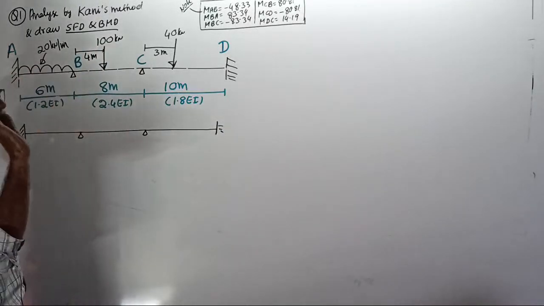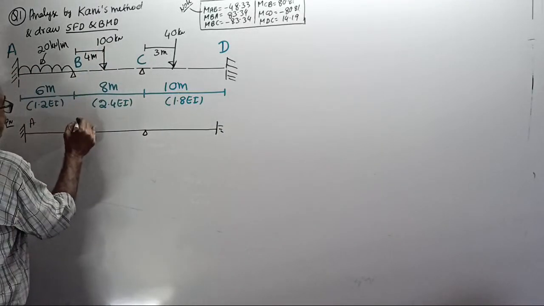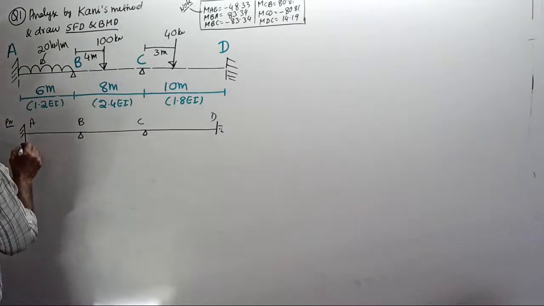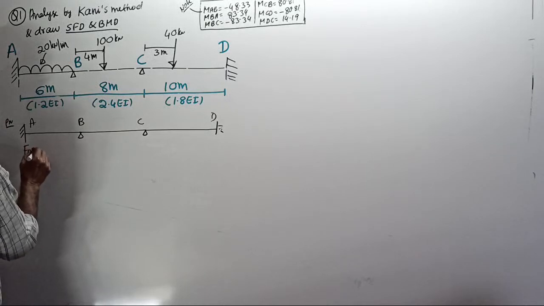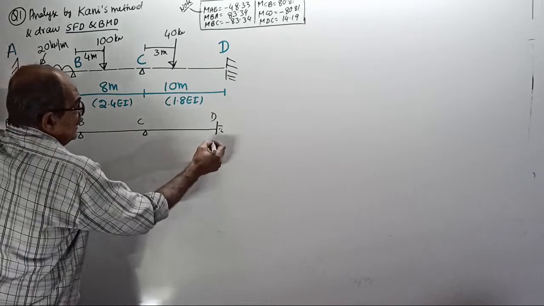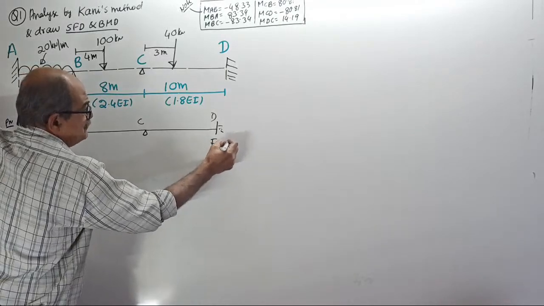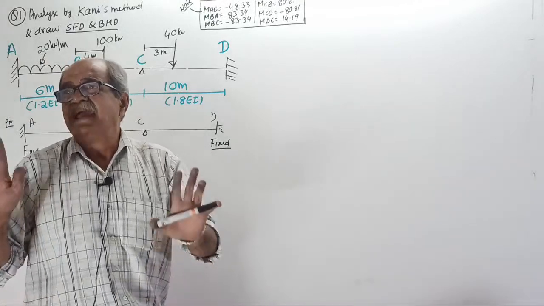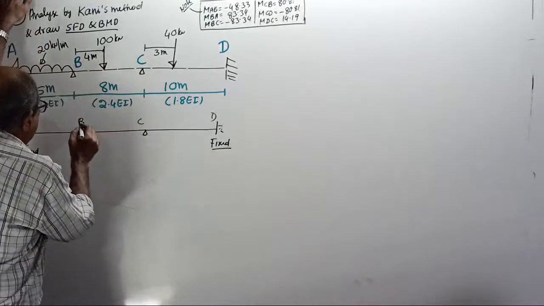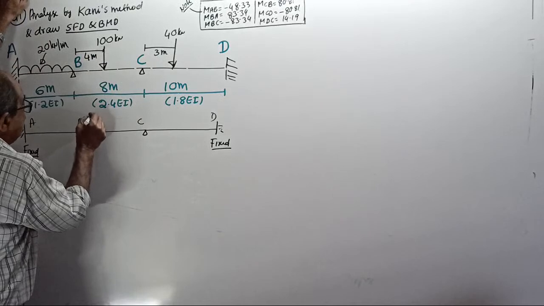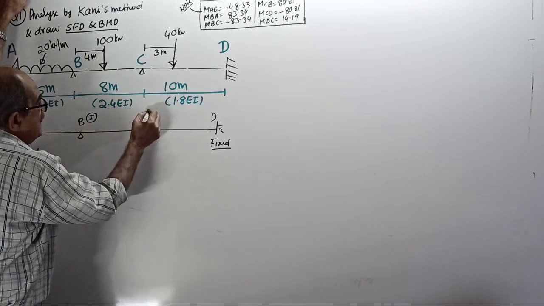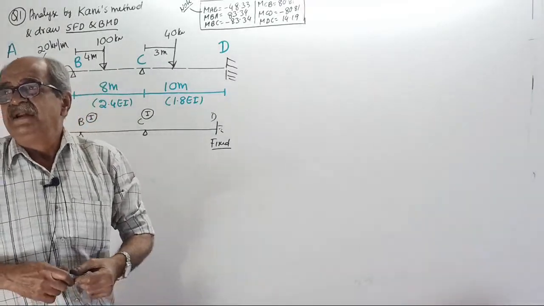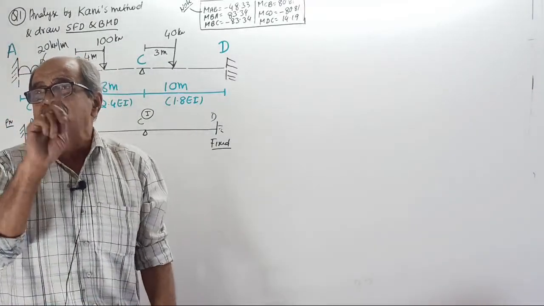See, A, B, C, D. A is absolutely fixed. D is also absolutely fixed. End support, if it is fixed, make a note: fixed. Now, B and C are intermediate supports. I told you earlier, an intermediate support is not a simple support.